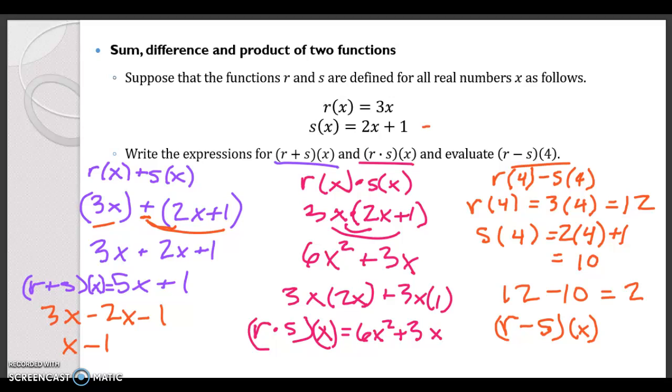So I should get 9 for s of 4. Now if I plug 9 into r of 4 minus s of 4, I get 12 minus 9, which is 3 and not 2.